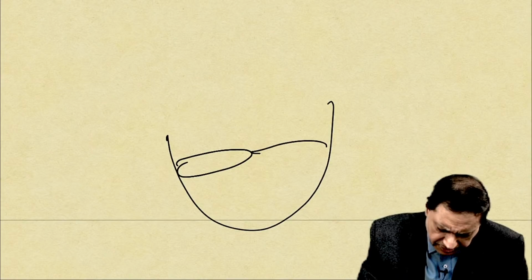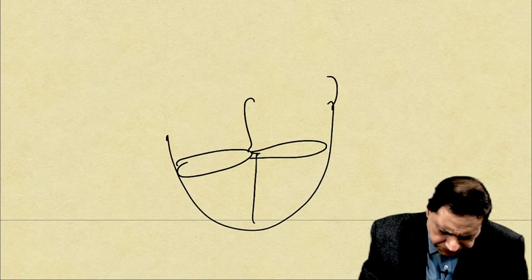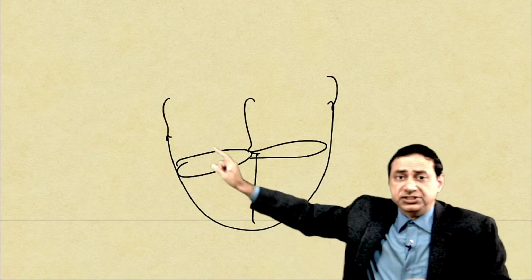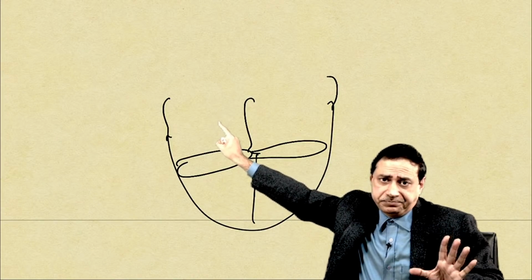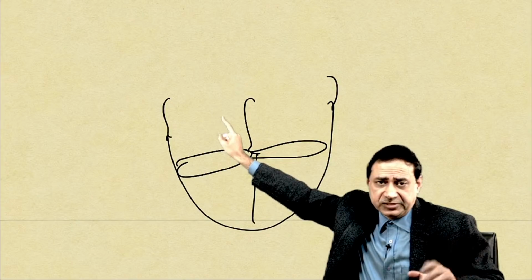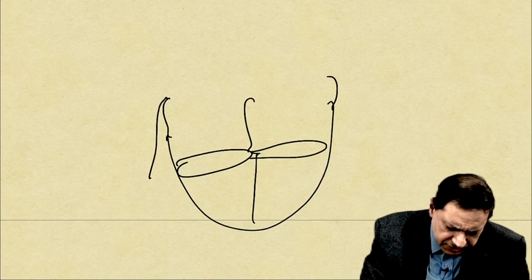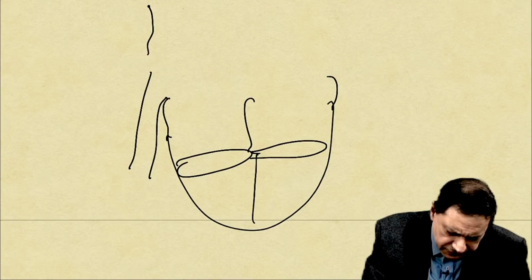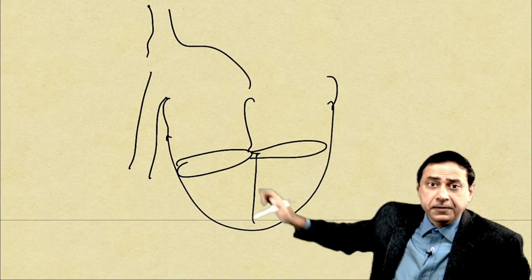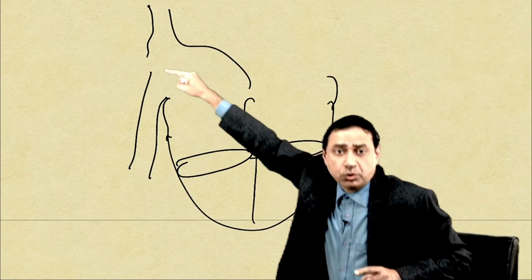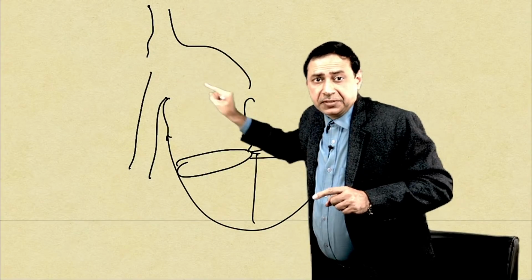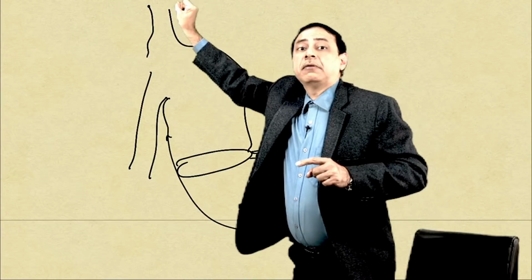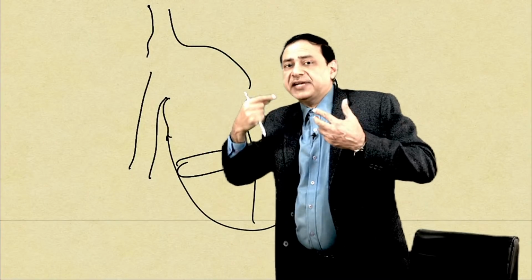Just see. Heart is a 4-chamber structure. JVP means pressure of the right atrium. In the right atrium we have the inferior vena cava and superior vena cava. Pressure of the right atrium will go back, there is no valve here, and that will be reflected in the jugular vein.